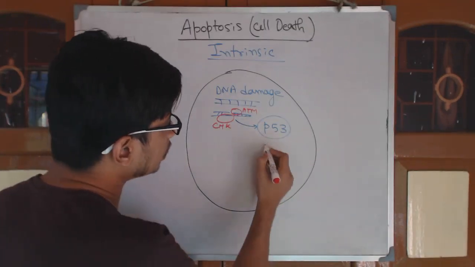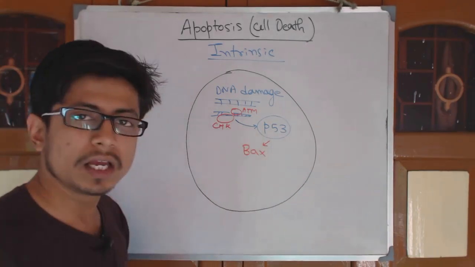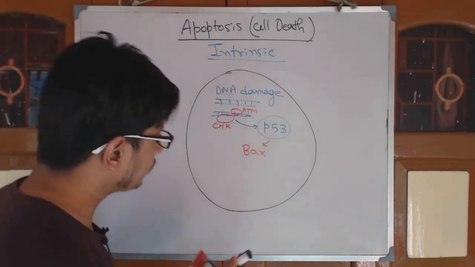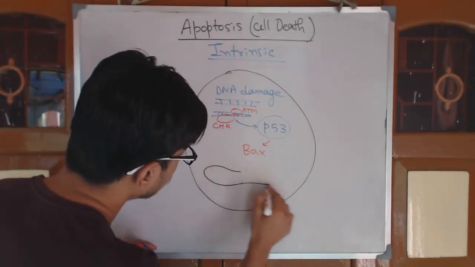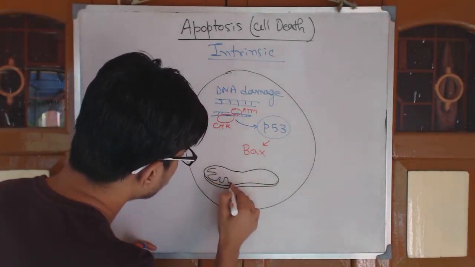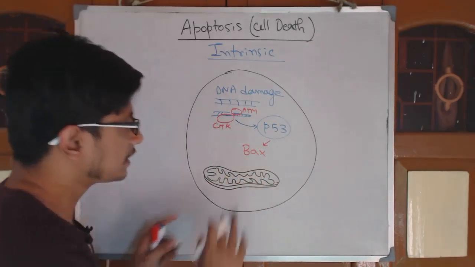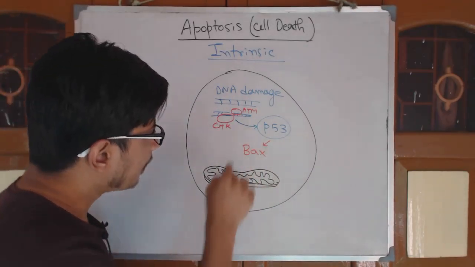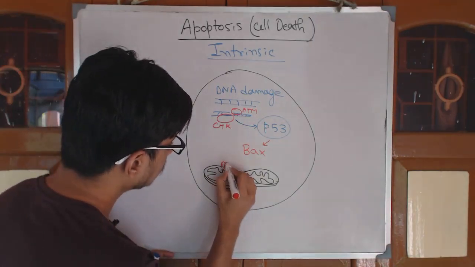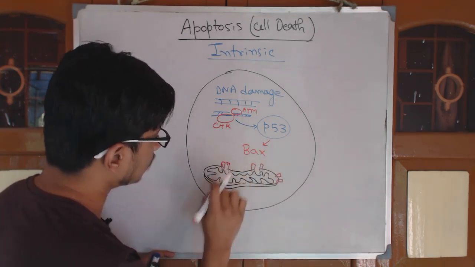One such protein is BAX. BAX is a protein that can create pores in mitochondria. If I draw a mitochondrion, let's say this is the mitochondrion, and BAX creates a pore in the middle of the mitochondria.